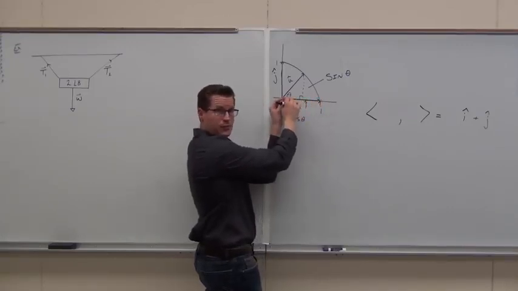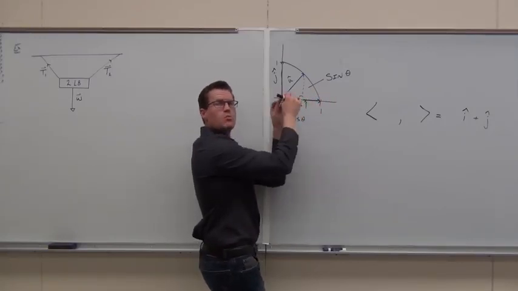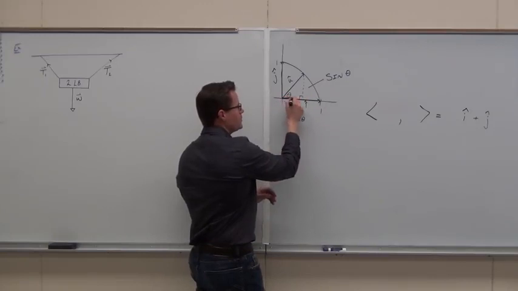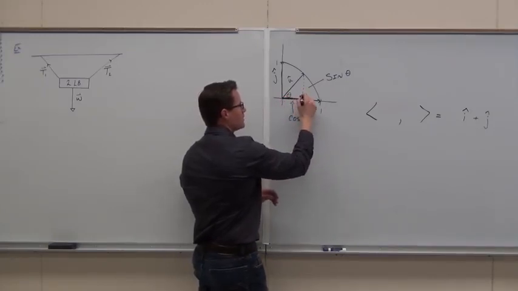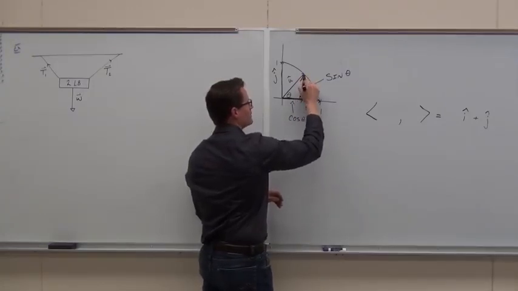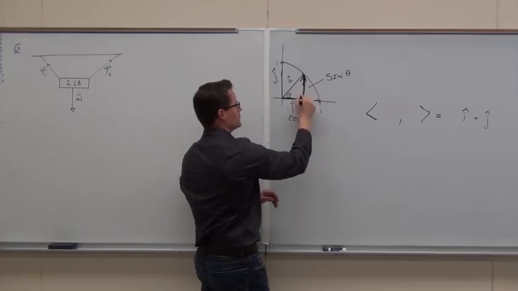Anytime you want to find a fraction of something, you multiply it. So if I want to add these vectors, if I want to do this one and this one, which we know we can, that's a horrible vector, I'm sorry.